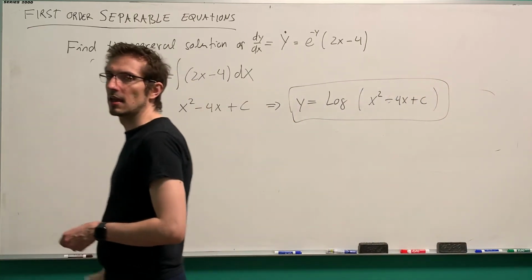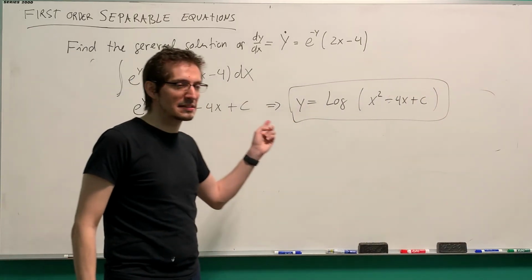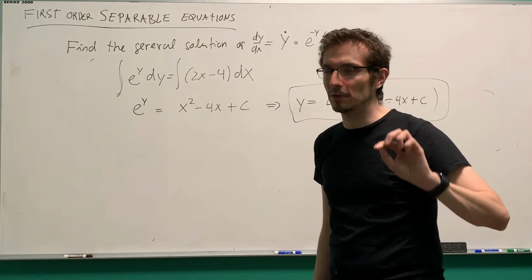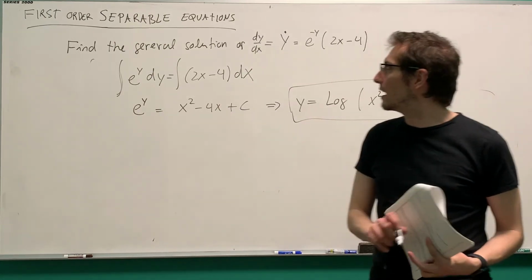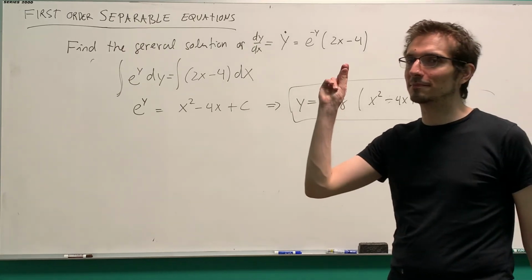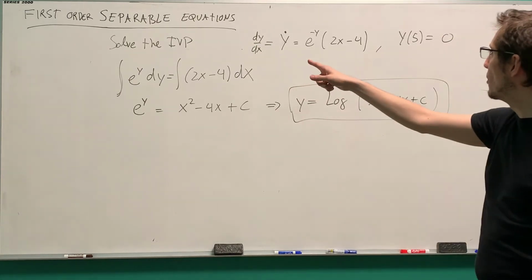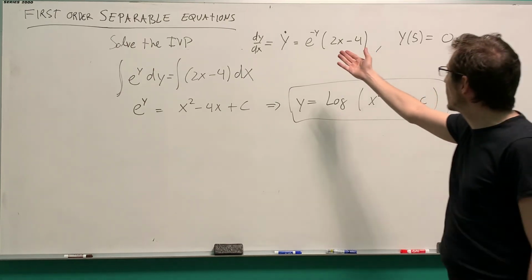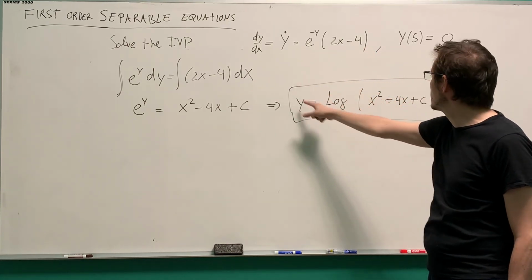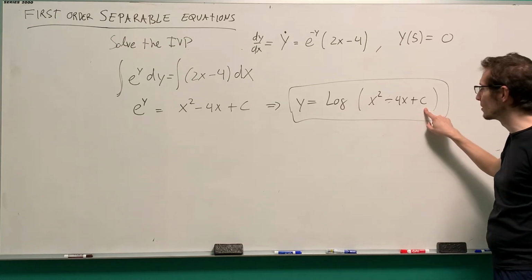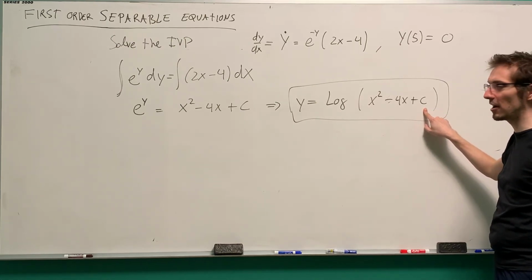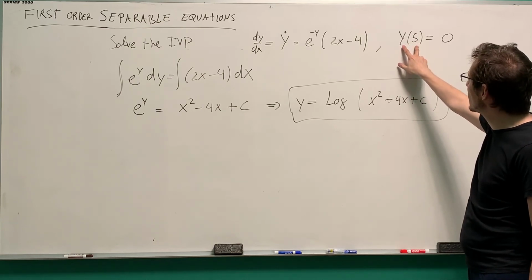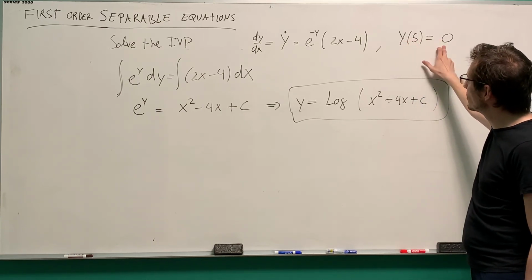All right, wonderful. This is the last example we're going to see, but let me introduce the notion of initial value problem. So let's modify the problem a little bit, like that. Now it's very similar. We say solve the initial value problem, and we have the same differential equation, but instead of wanting the infinitely many solutions for all the values of the constant that are available, we want a particular solution, the one that satisfies that y of 5 is equal to 0.